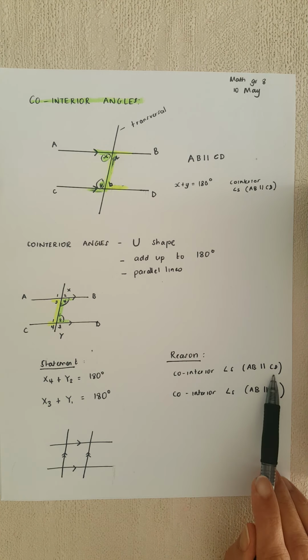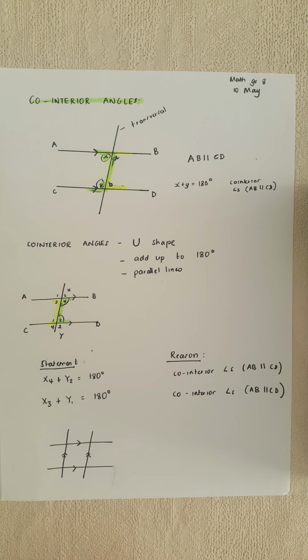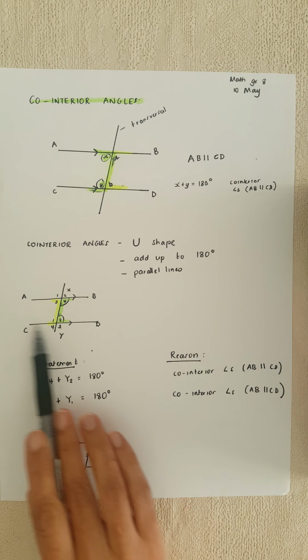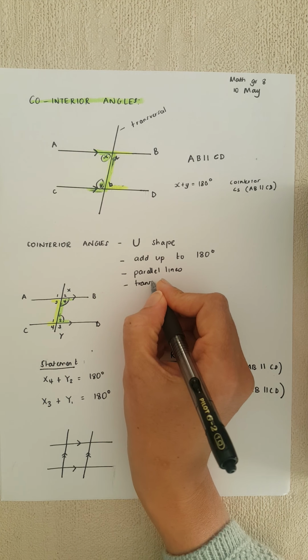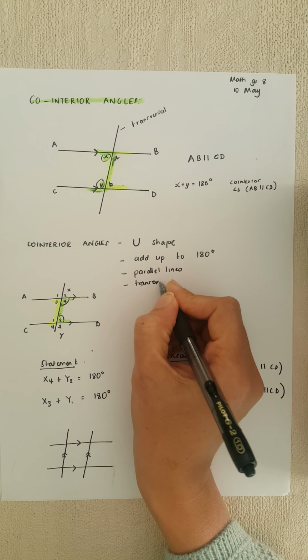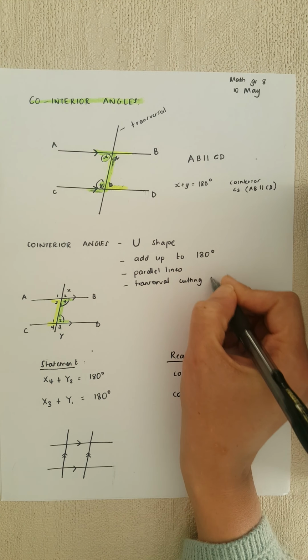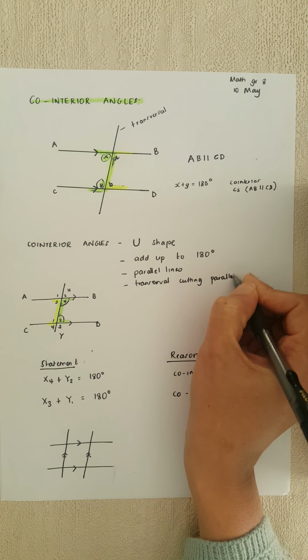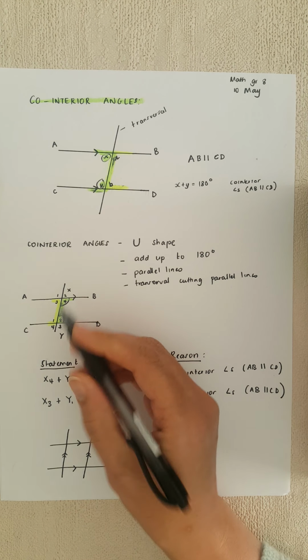You have to learn how to write this down, and you have to study what is co-interior angles and when do I get a co-interior angle. So I know I've got a parallel line there, okay, and then you need a transversal that is cutting the parallel lines. Okay, and then we have, that's my transversal cutting it there, right?